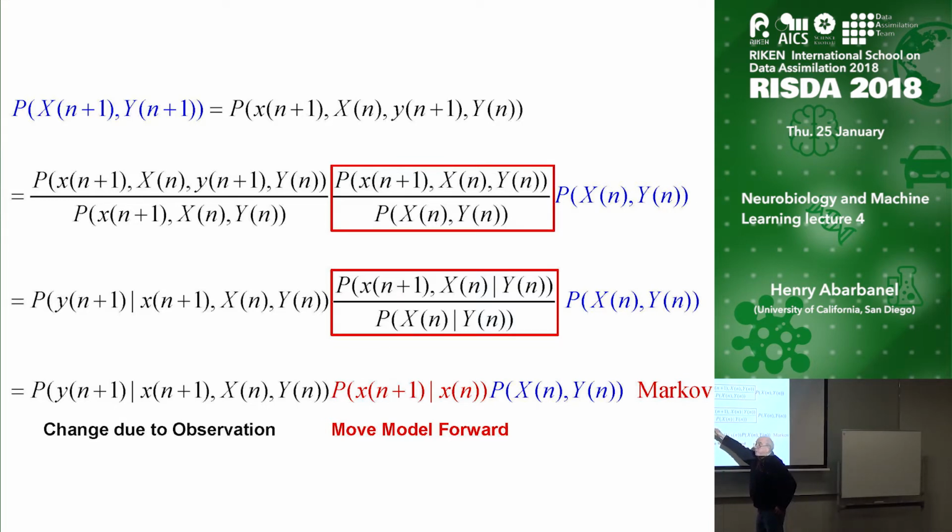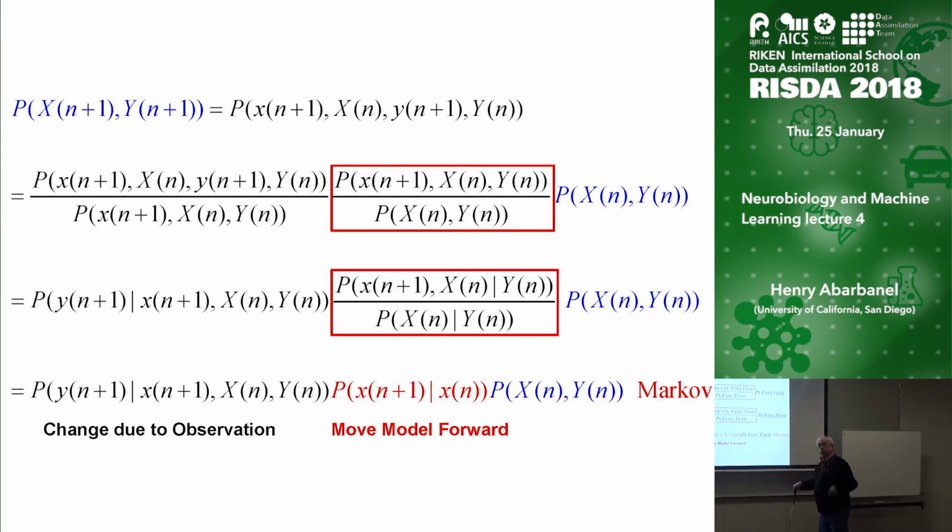This is the probability distribution of the states at time n plus 1, jointly with all the measurements up to time n plus 1. And if you write out the arithmetic here, which I urge you not to try to copy down, but will be posted with everything else, you find it divides into two parts. It divides into a part that tells you the probability distribution of the state at time n plus 1, given aspects of the state up until that time.